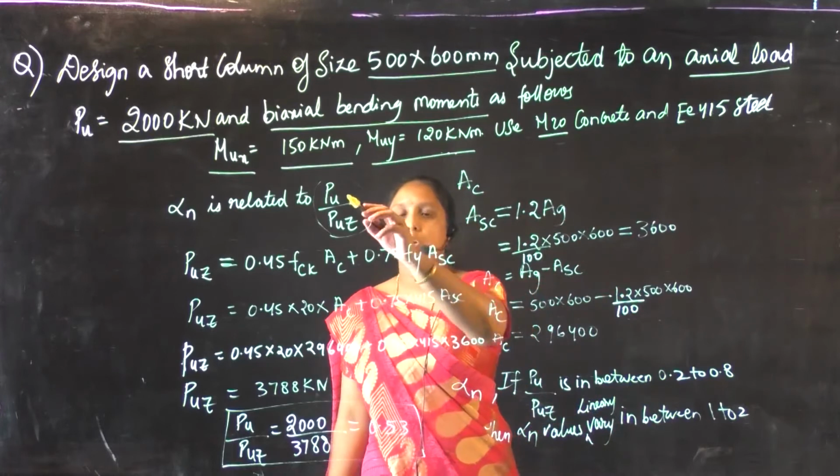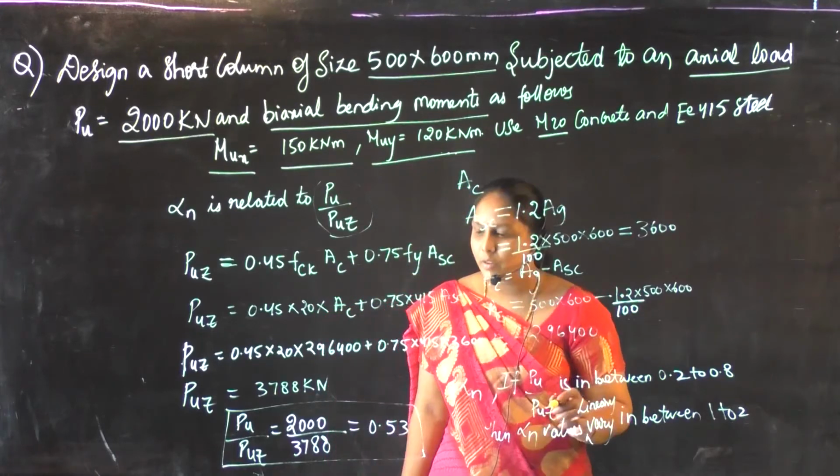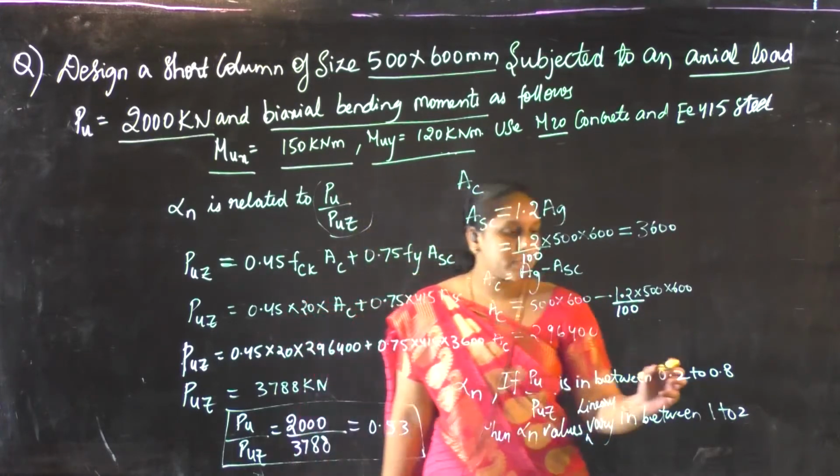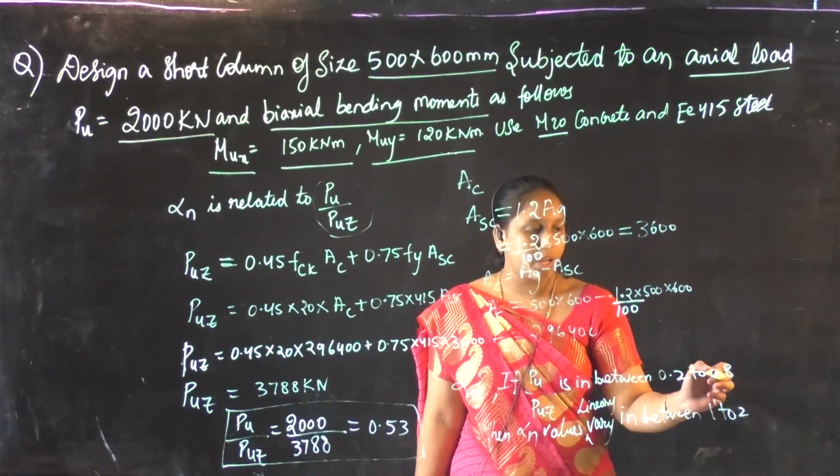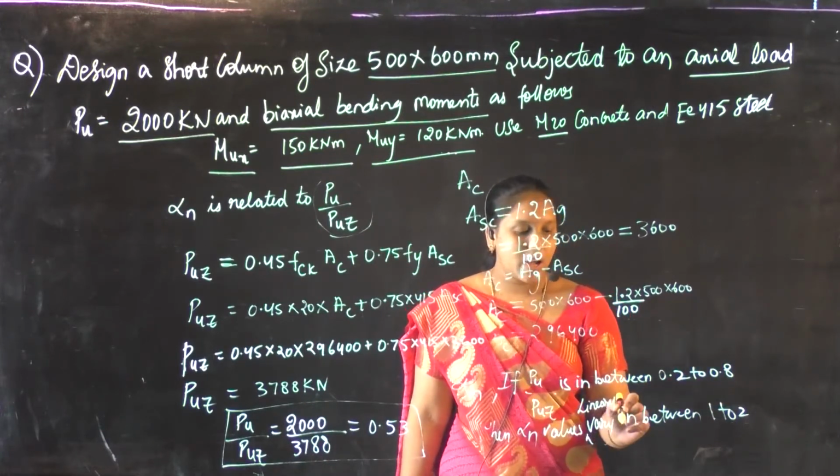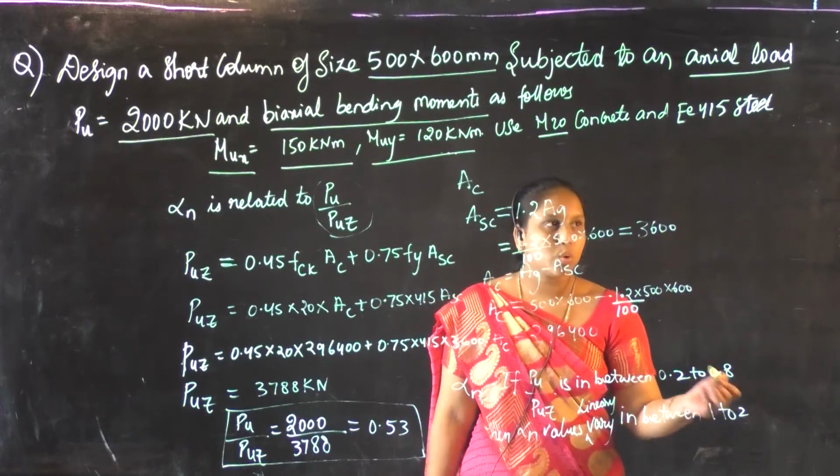Now what is the PU by PUZ value we got here? We got it as 0.53. So it is in between 0.2 to 0.8, so the alpha n value varies between 1 to 2.